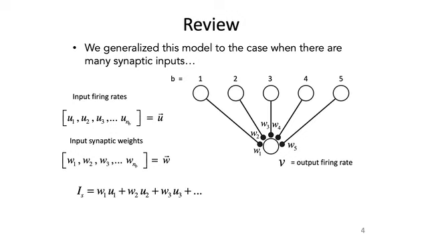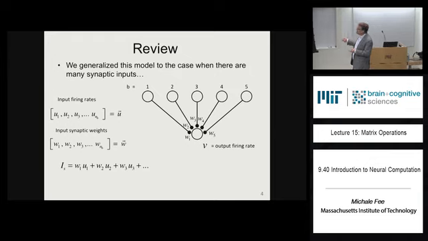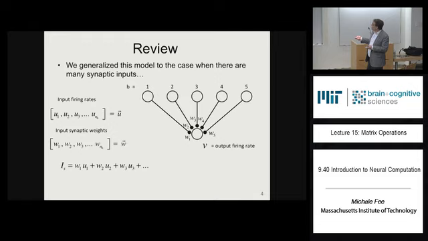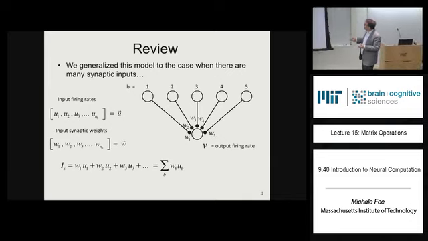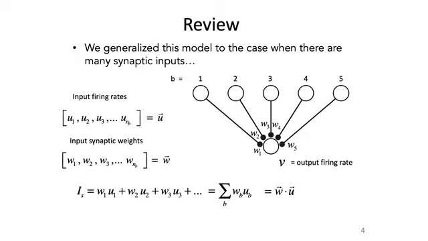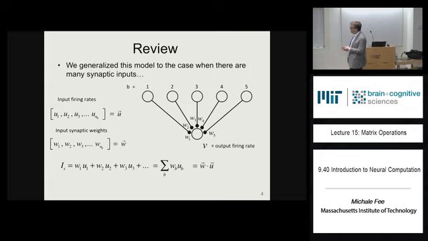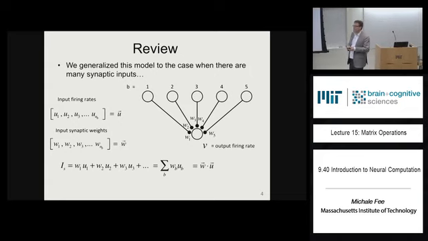And now we can write down the input current to our output neuron as a sum of the contributions from each of those input neurons. So W1 U1 plus W2 U2 plus W3 U3, and so on. Okay, so we can now write the input current to our output neuron as a sum of contributions that we can then write as a dot product, W dot U. Okay, any questions about that?